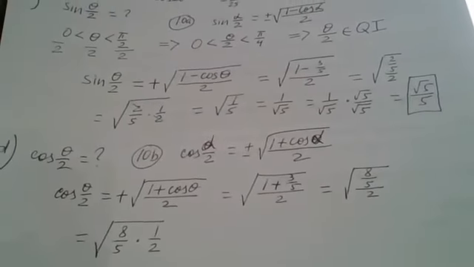And I can cancel 8 with 2 by 2. So 4. So it will be 4 times 1, 4/5. I got 4/5, but square root of 4 is 2. And I'm getting 2 over square root of 5.